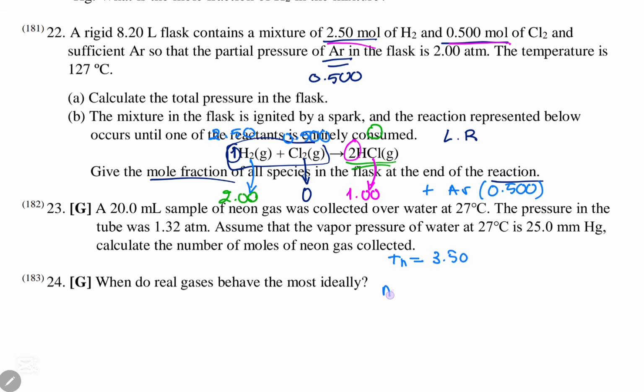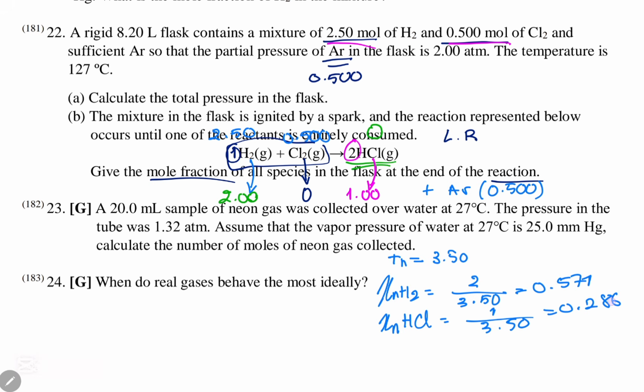Xn of H2, the mole fraction of H2, is going to be 2 divided by 3.50, so that's going to be 0.571. Now, Xn of HCl is going to be 1 divided by 3.50, which is 0.286.